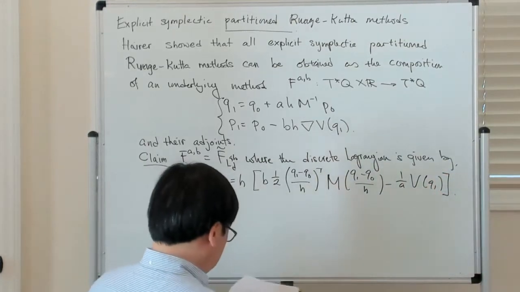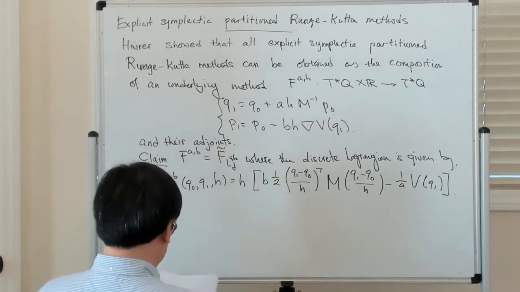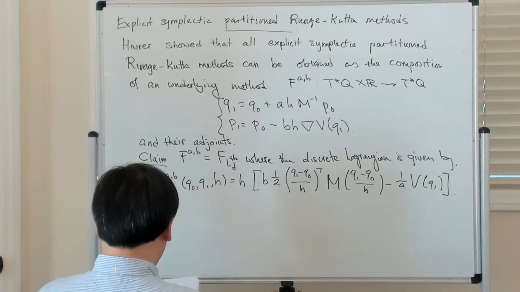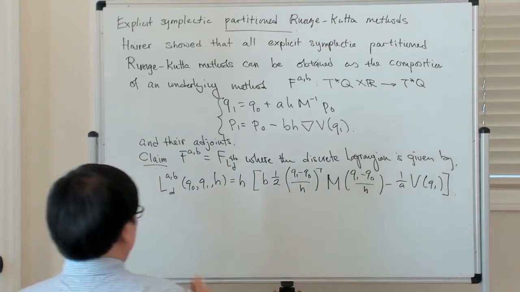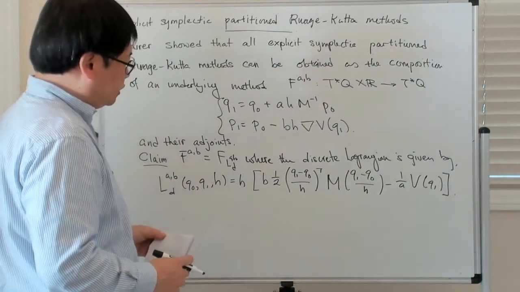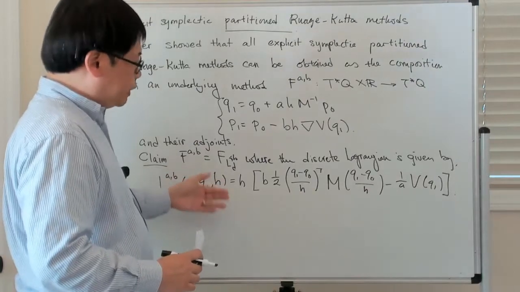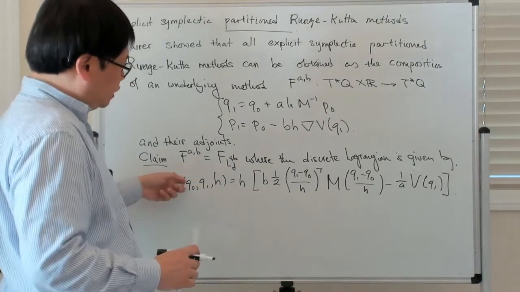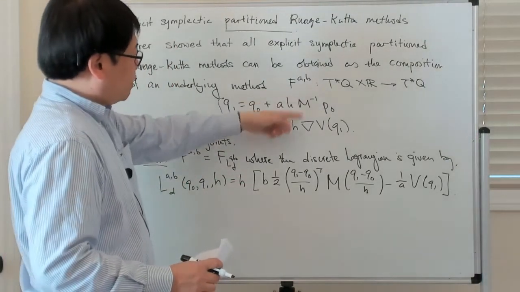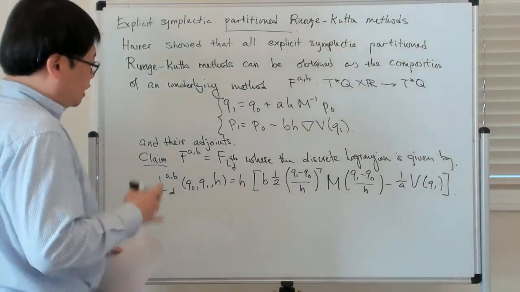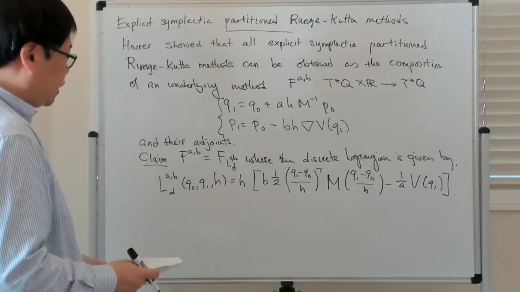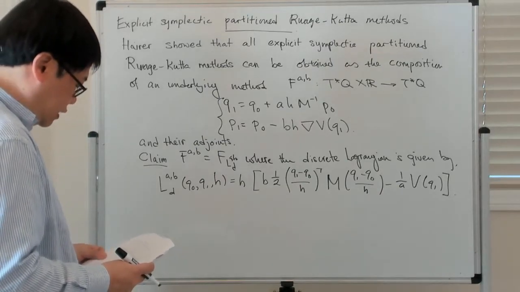So the claim is that if you take the discrete Hamiltonian flow map associated with this particular discrete Lagrangian for these parameters A, B, then this gives you this map. And then we know that if you have one of these discrete Lagrangians, you can get its adjoint.